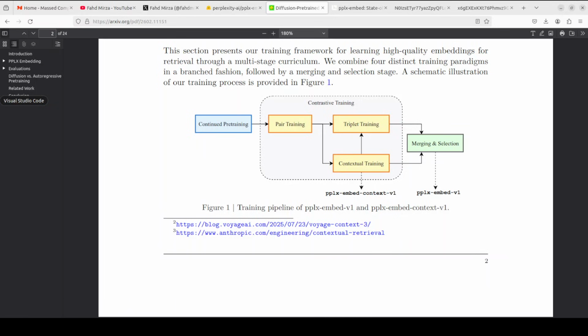It uses diffusion-based continued pre-training, which is a process that converts the original decoder-only, or causal, transformer into a bidirectional encoder, which means the model can attend to context in both directions when reading text rather than only left to right.